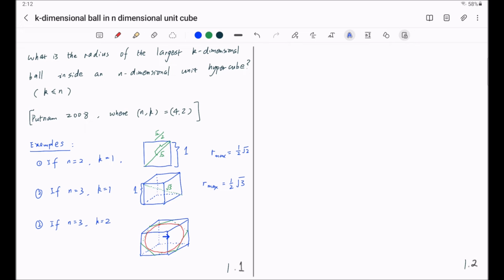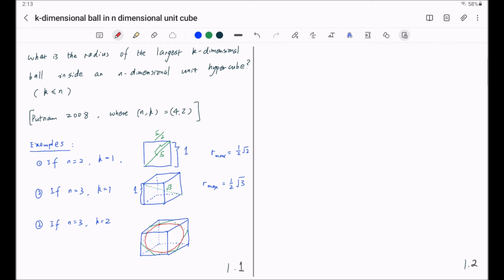And each vertex of this hexagon is a midpoint of some edge of this hypercube. It turns out this is the largest two-dimensional disk that can be put inside this hypercube.